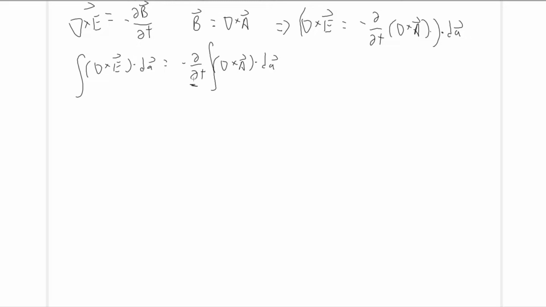That's a very useful result, otherwise the next step wouldn't work at all. So now we want to use the curl theorem to turn this into the form of the integral of E dot dA equals negative d dt of the integral of A dot dA. And now we can move this back inside the integral such that we're left with this.